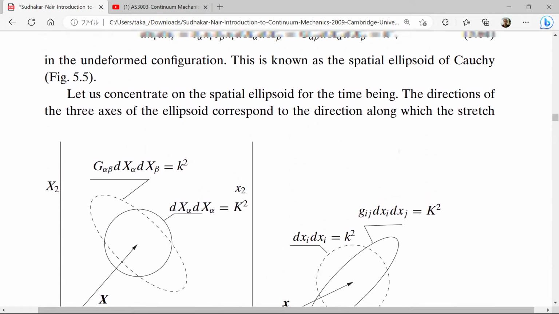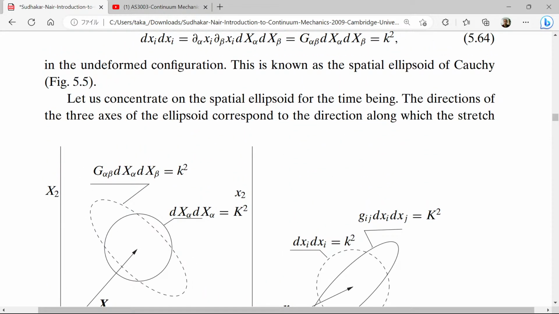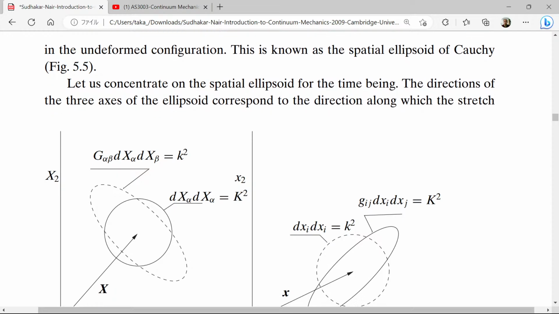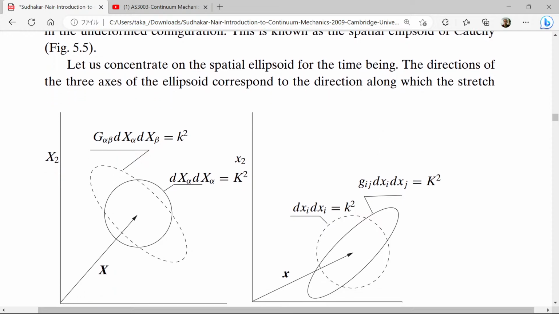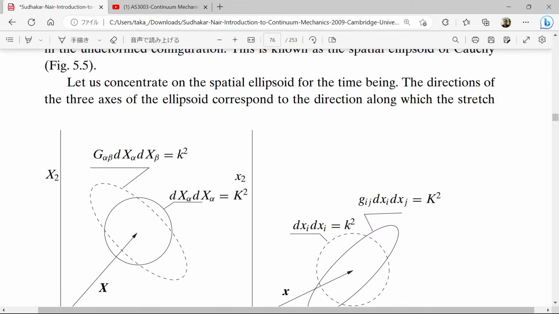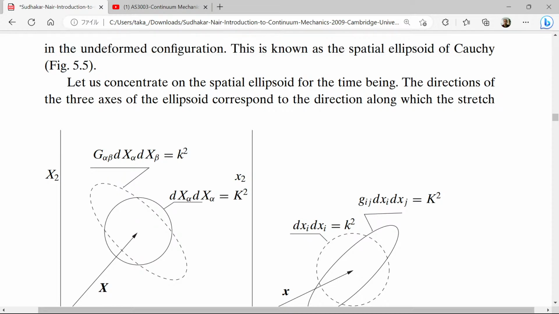Very strange. The word spatial, this is not clear. I think I have to ask the Professor about this.